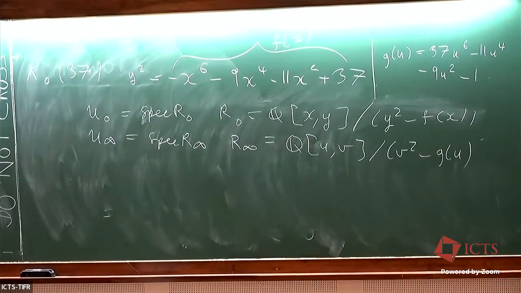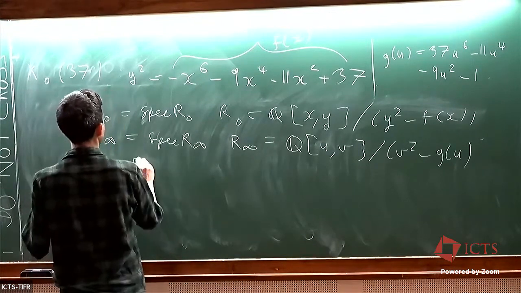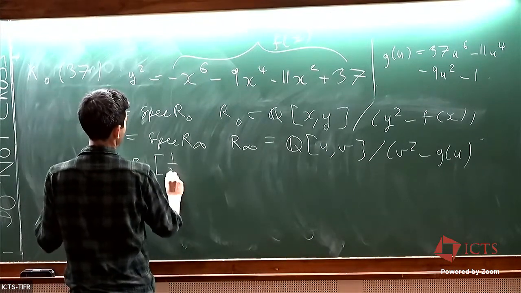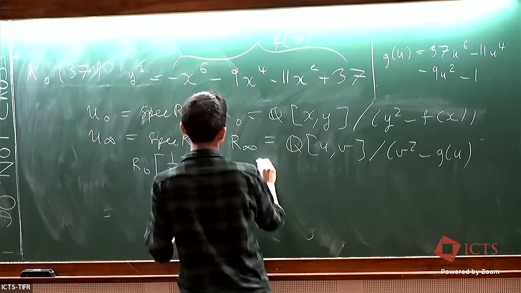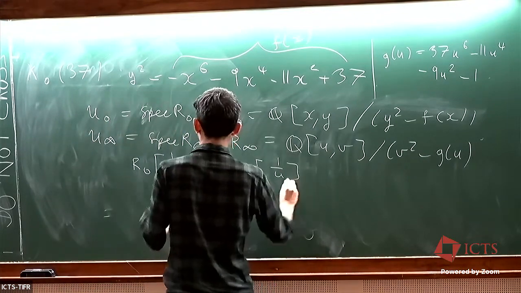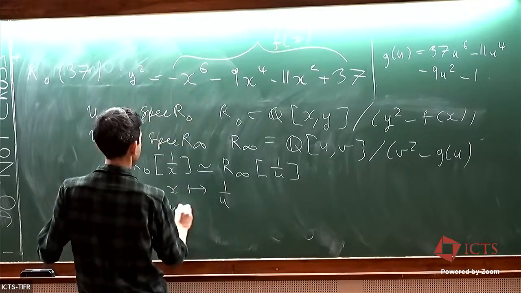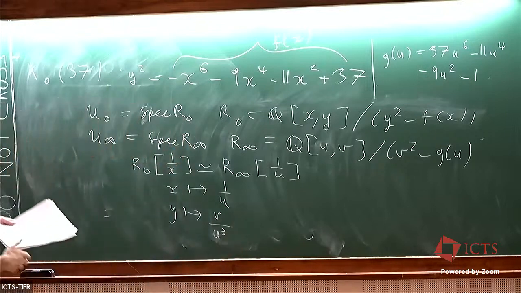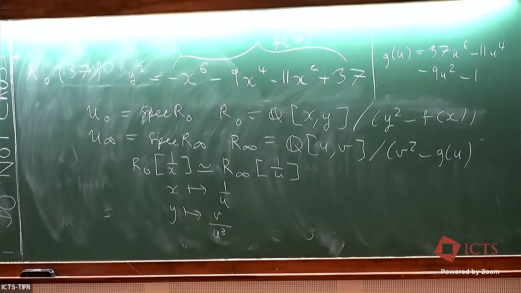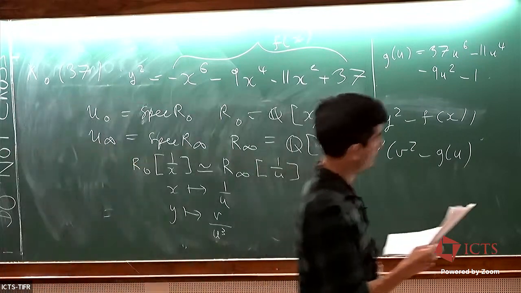And then we can glue these via an isomorphism of R0 localized at 1 over x with R infinity localized at 1 over u, which sends x to 1 over u and y to v over u cubed. So that's the standard way of describing a hyperelliptic curve as a scheme.